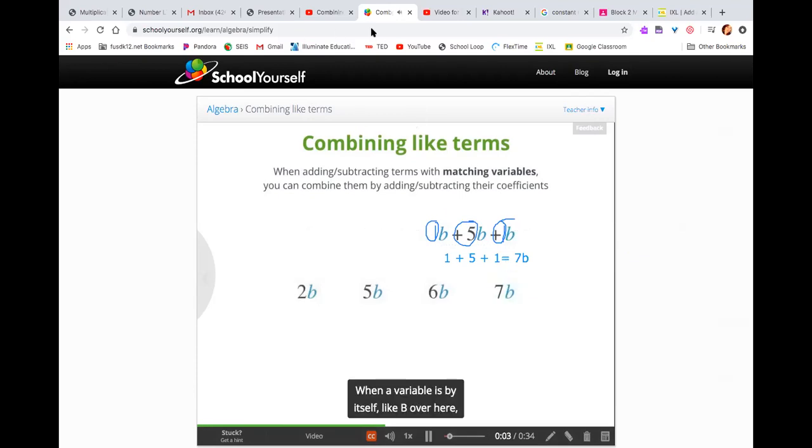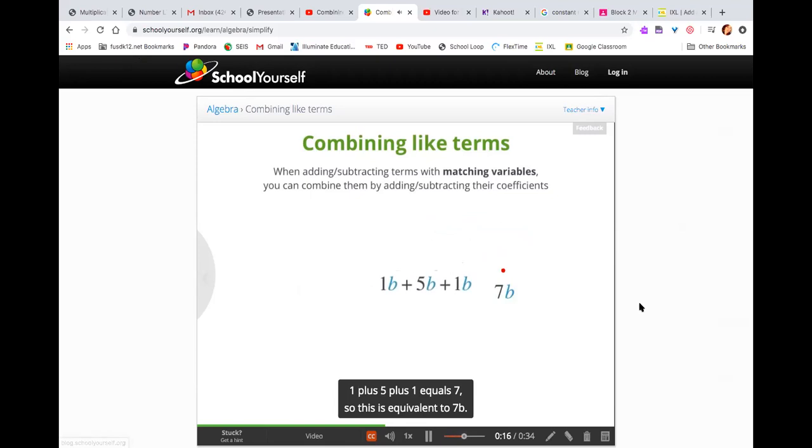When a variable is by itself, like b over here, that's the same as having 1b. So we have 1b plus 5b plus another 1b. 1 plus 5 plus 1 equals 7. So this is equivalent to 7b. For any value of b, like -6, 0, or 17, these two expressions will always give you the same result.